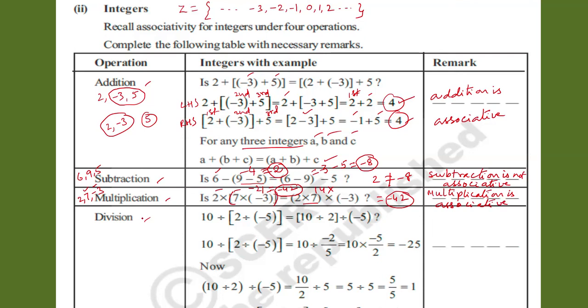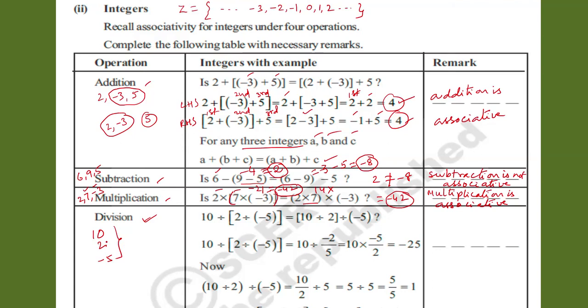Now we move to the fourth operation, that is division. Here, what are the numbers we have taken? 10 is the first number, 2 is the second number, minus 5 is the third number. These three are the integers we have taken, for example, to check the associative property.